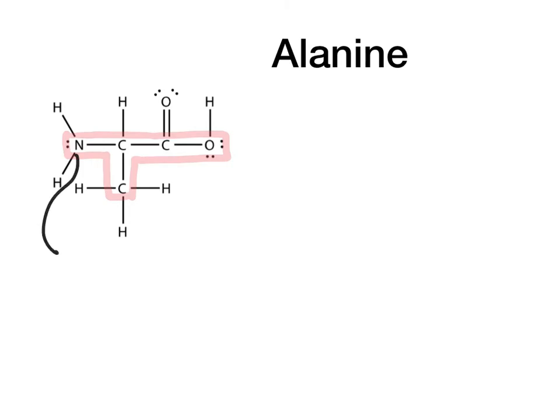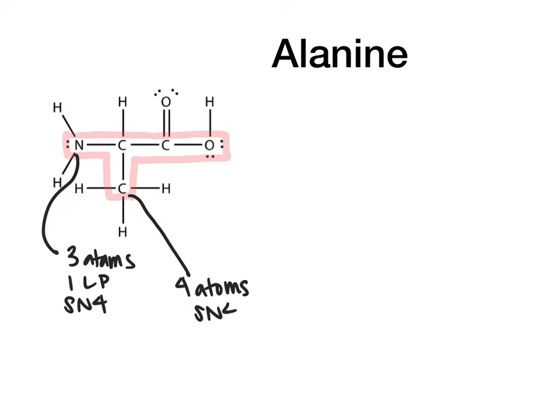So for the nitrogen, we have 3 atoms, 1 lone pair, steric number of 4. This carbon here is 4 atoms, a steric number of 4. Here, we also have 4 atoms, a steric number of 4.